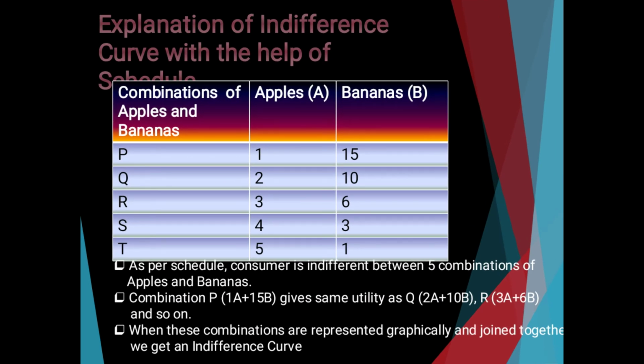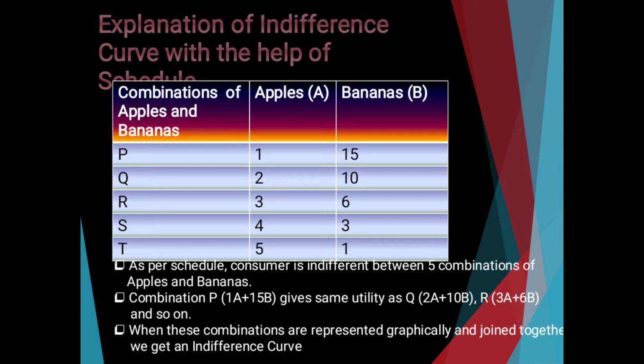Now we will explain the concept of indifference curve with the help of a schedule. In the schedule we have combinations of apples and bananas, where A is denoted by apple and B is denoted by banana. We have five combinations: P, Q, R, S, T. In the first combination, the consumer opts for one apple and 15 bananas.